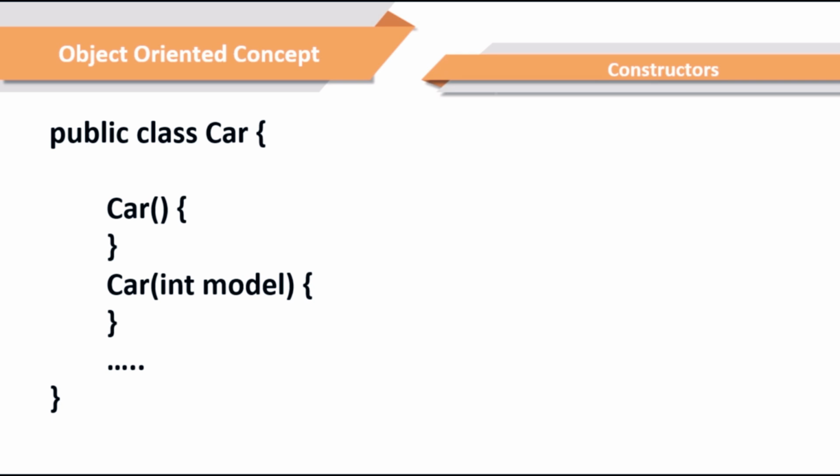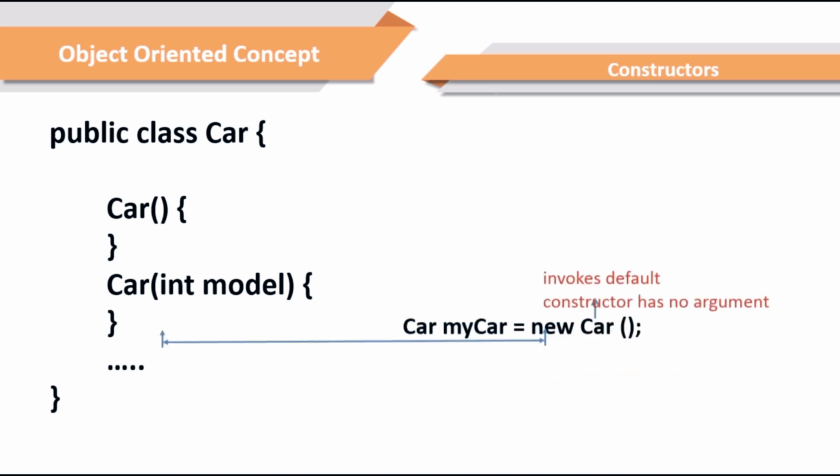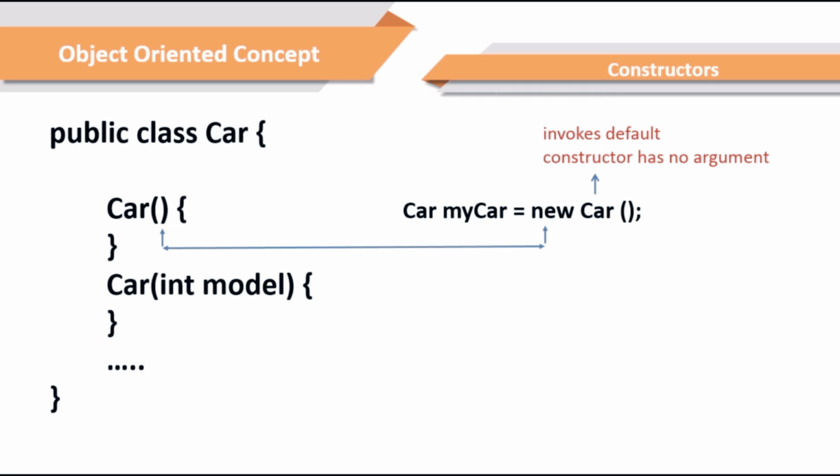So in order to understand the working of a constructor, take this for an example. Let's say we have a class Car, and when we create two objects of Car, in creating the first object, the new keyword here creates the object of class Car and invokes the default constructor, which has no parameter, to initialize the newly created object.